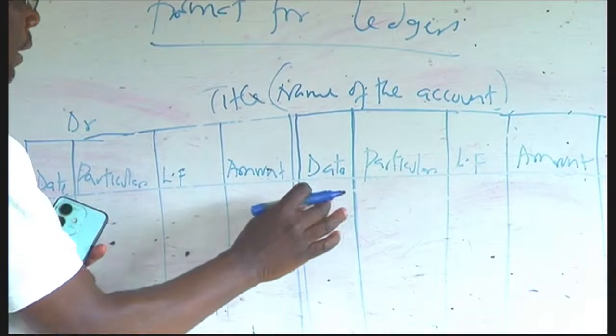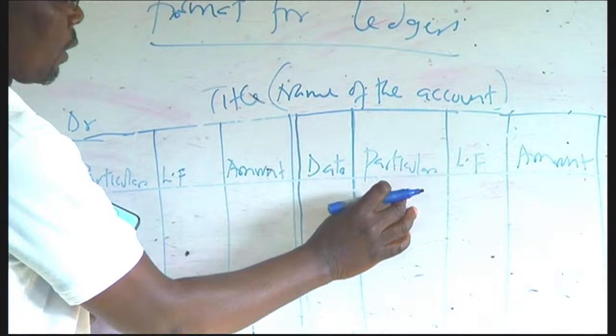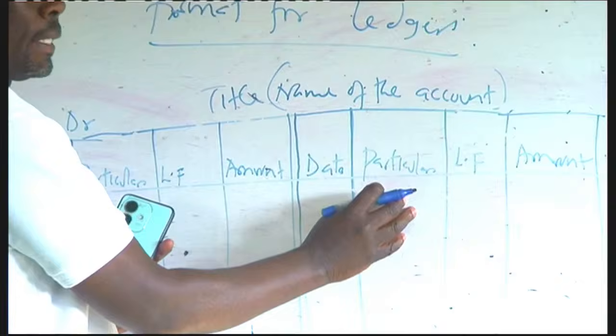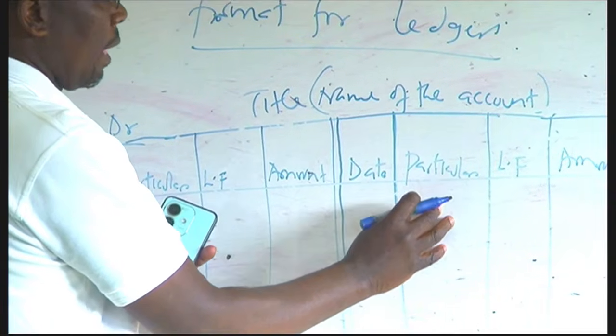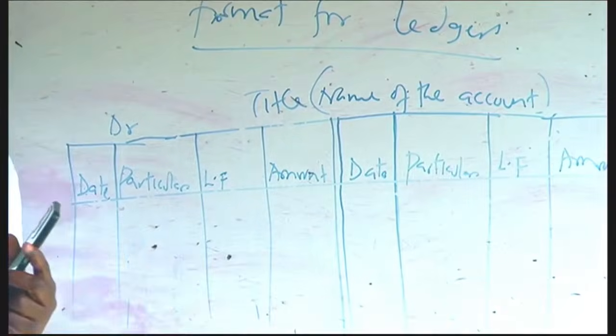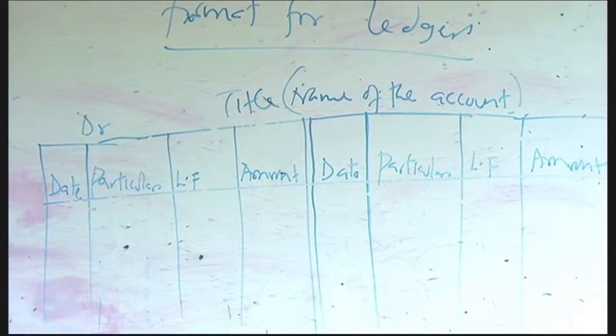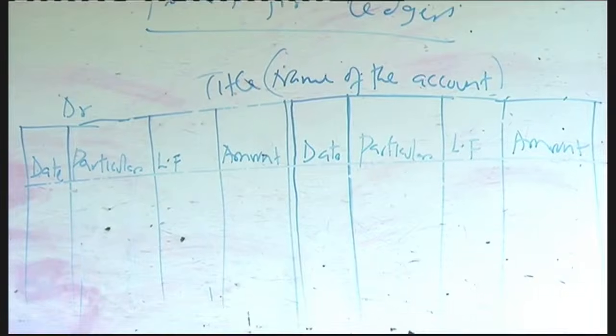So we'll give the date and whatever has been bought using that cash and the amount that is involved. So that is basically the format for ledgers.